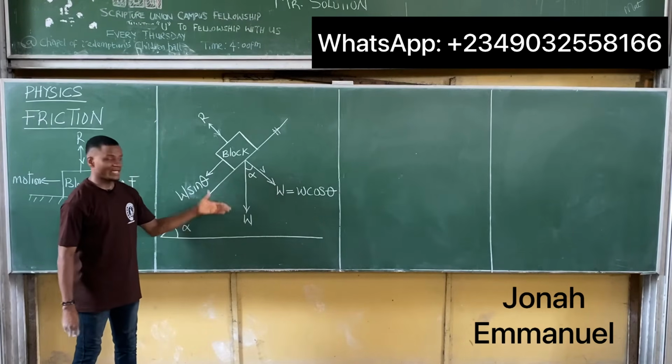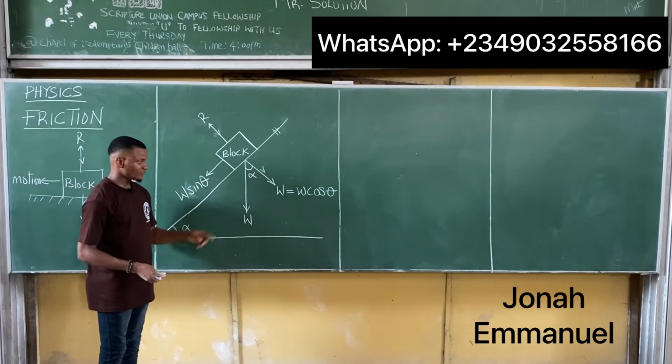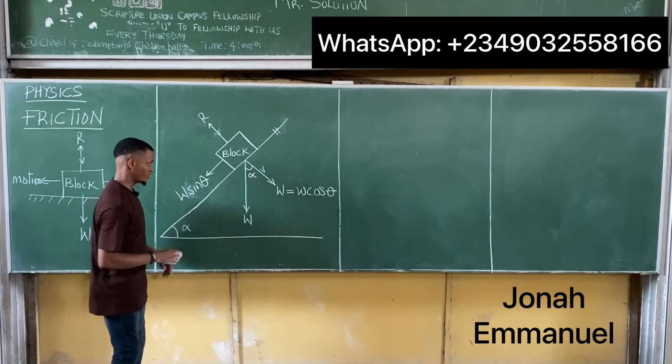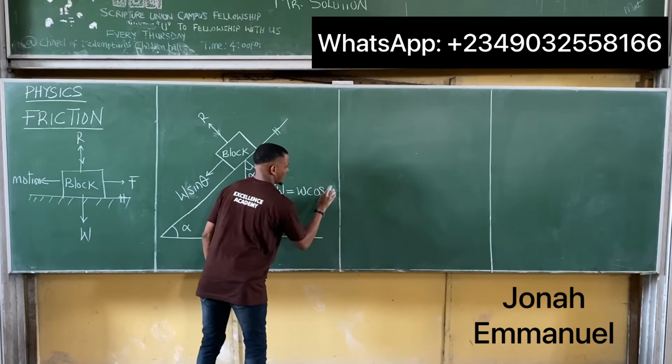This has already been explained in another video. So just note that if a body is inclined at an angle, we are using alpha here, so let's use alpha instead.